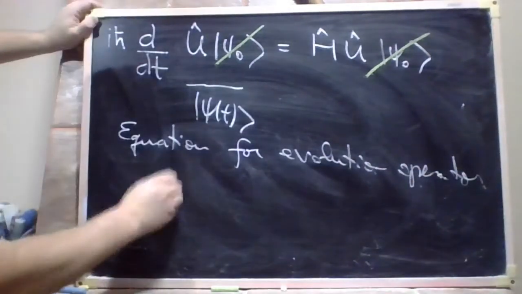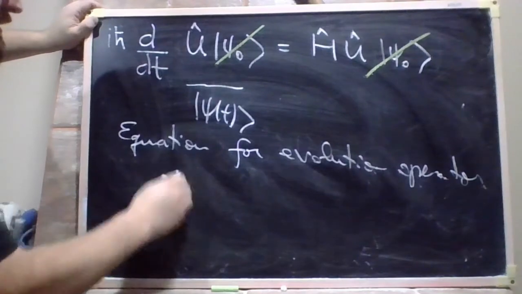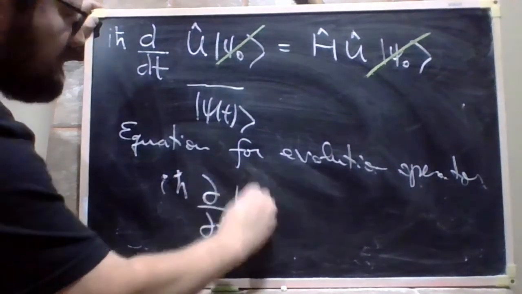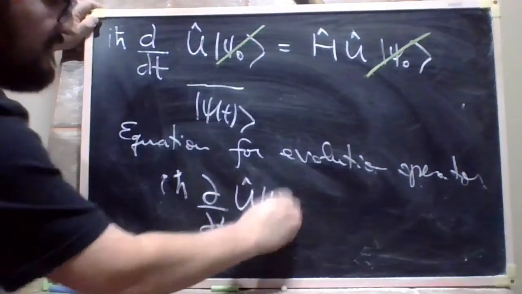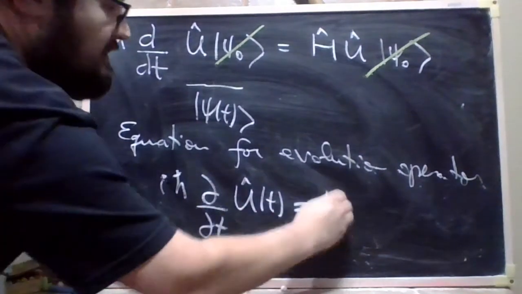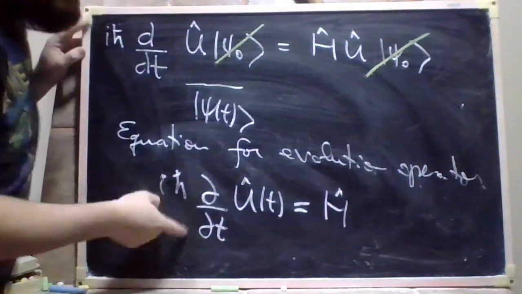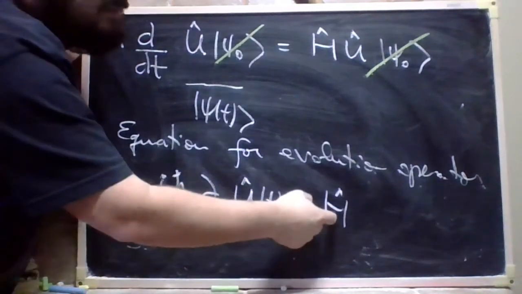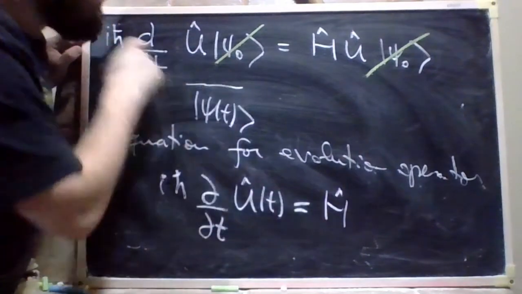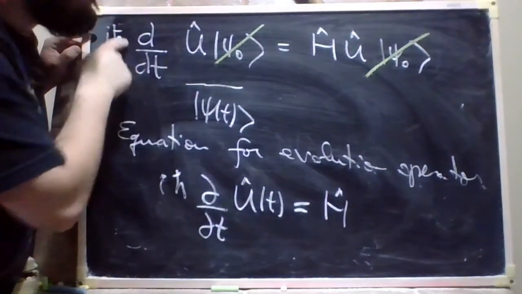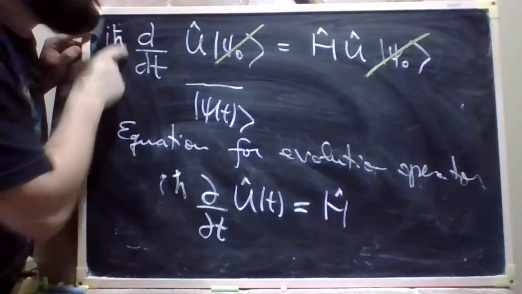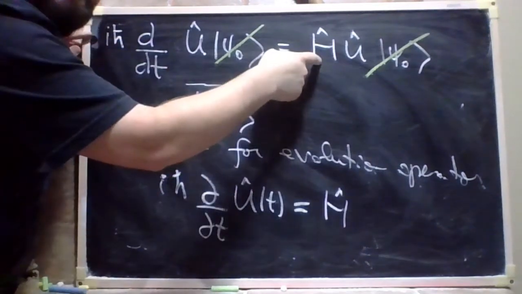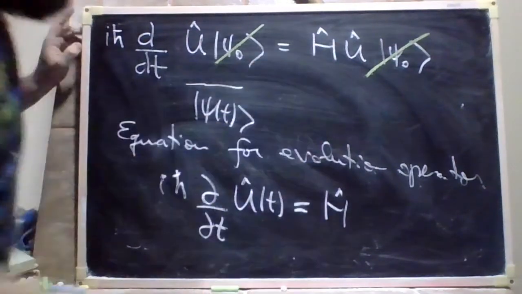And the equation for the evolution operator is that the time derivative of that operator, the evolution operator as a function of time, is equal to the Hamiltonian. Now I'm writing it as a partial derivative because the Hamiltonian can include also spatial derivatives.